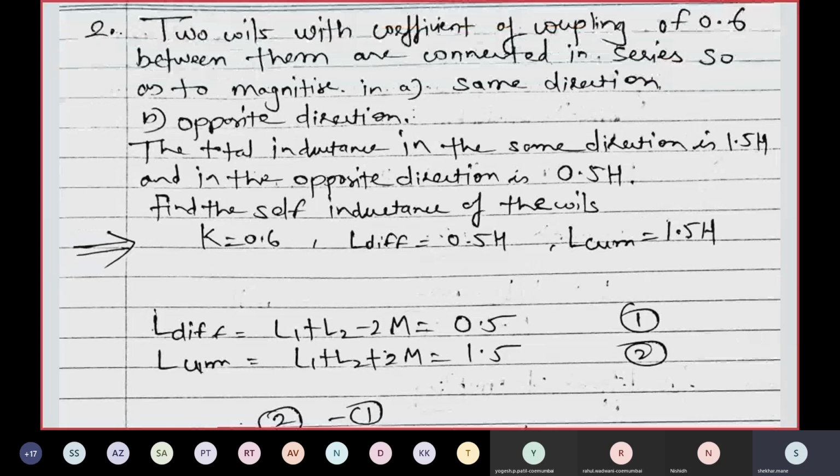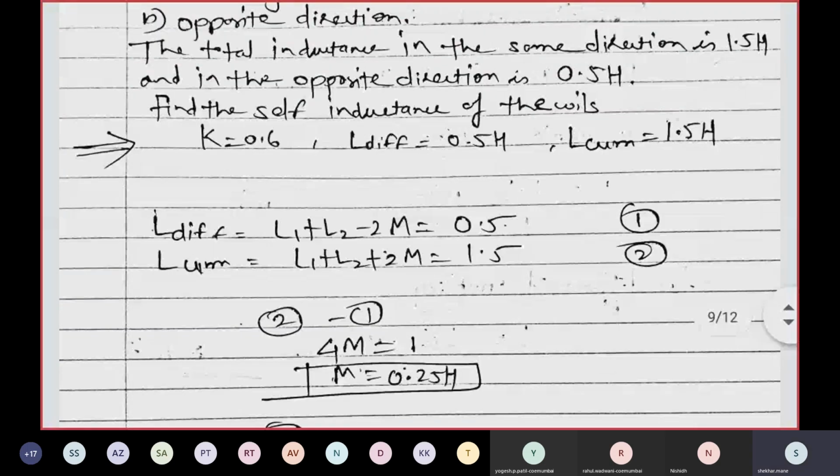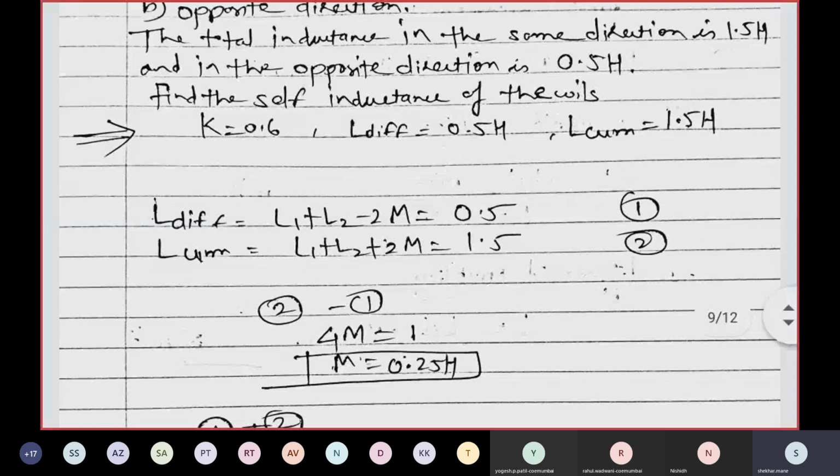L differential is equal to L1 plus L2 minus 2m is equal to 0.5. L cumulative is L1 plus L2 plus 2m is equal to 1.5. If you subtract 2 minus 1, then you will get m is equal to 0.25. Now A is already given here, 0.6.